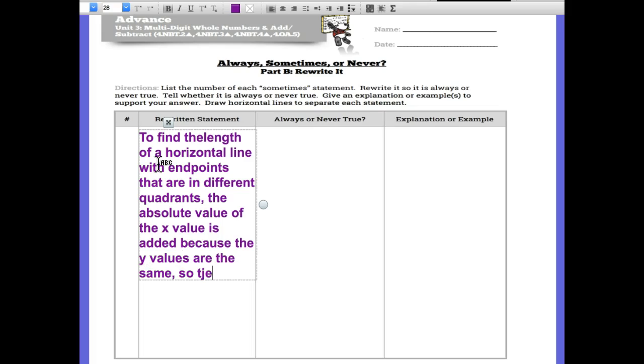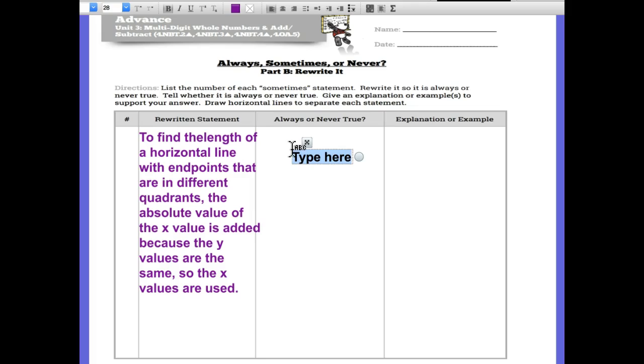So the x values are used. Okay, that is an always true statement. So this is going to be always.